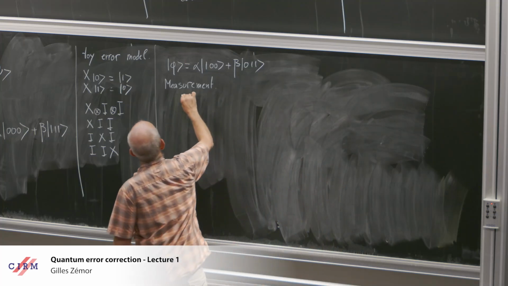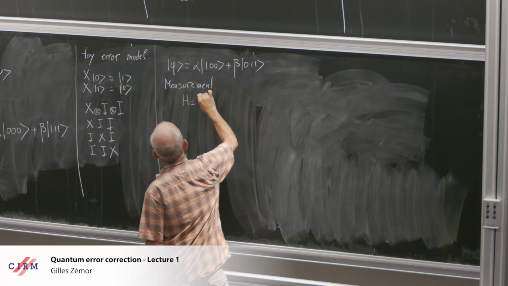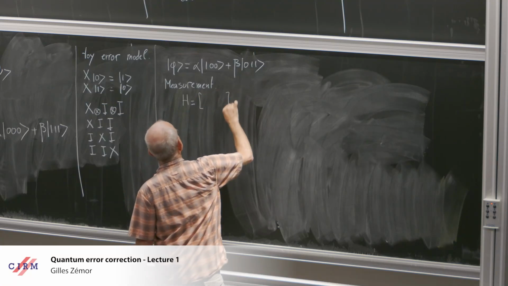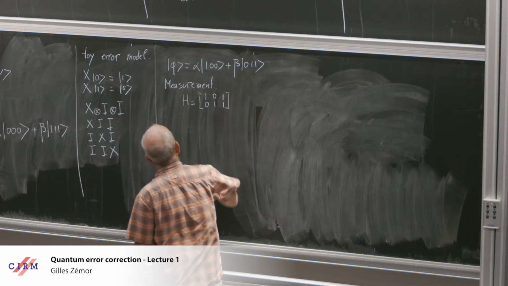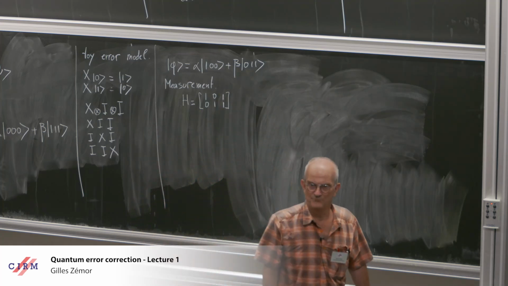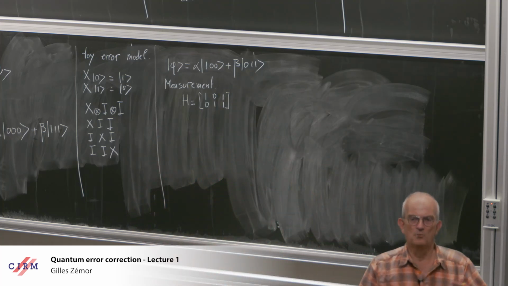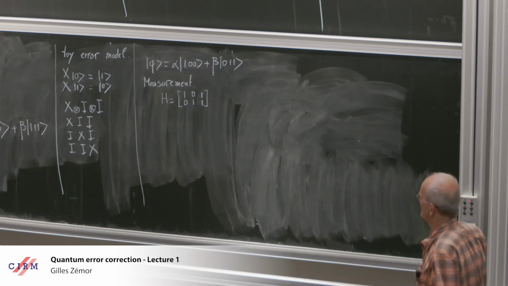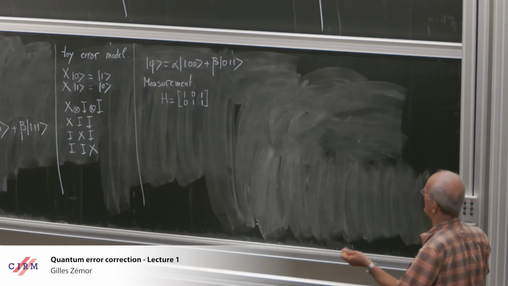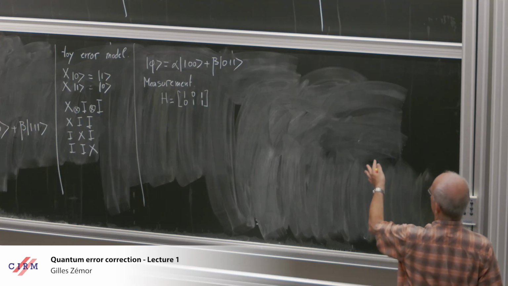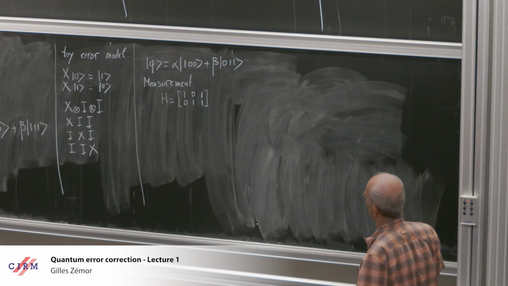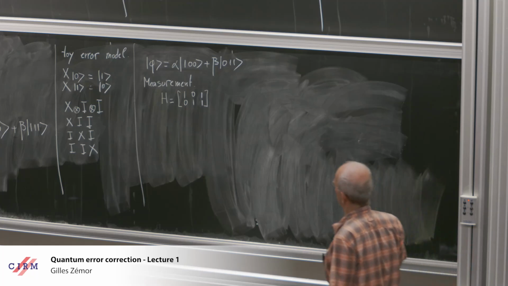Let me reintroduce our little parity check matrix that we had before. Before, one way of applying error correction to the repetition code was to compute this little syndrome, the syndrome corresponding to this matrix.